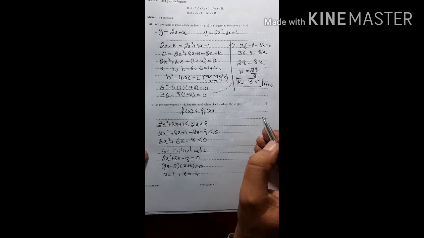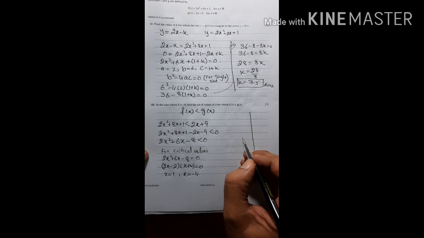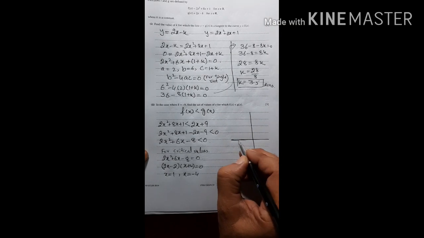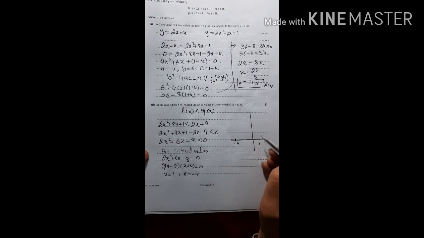If I plot these values on the grid, it will be like this. Minus 4, this is 1. So our parabola will be like this.